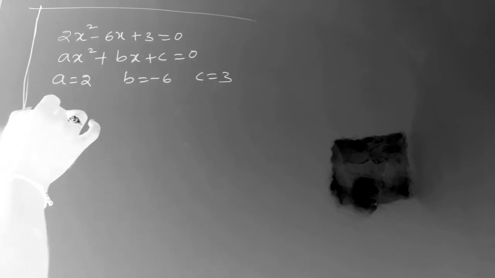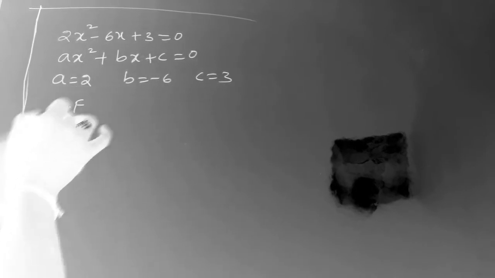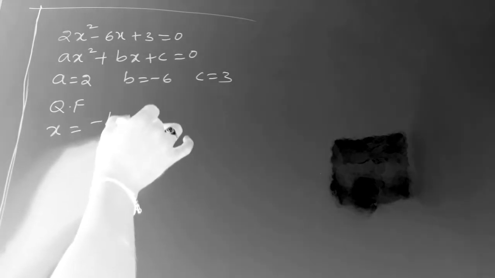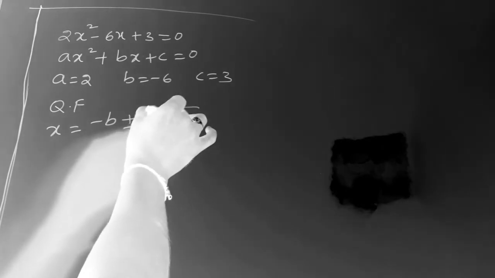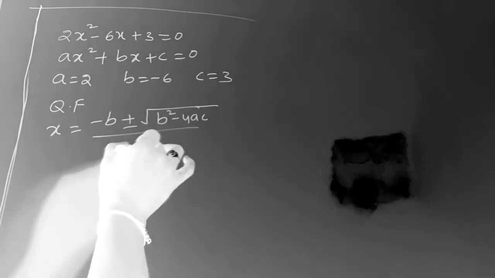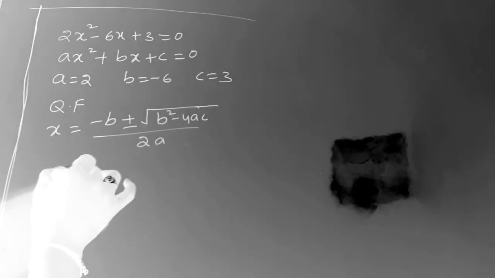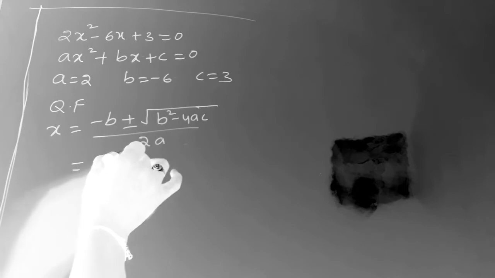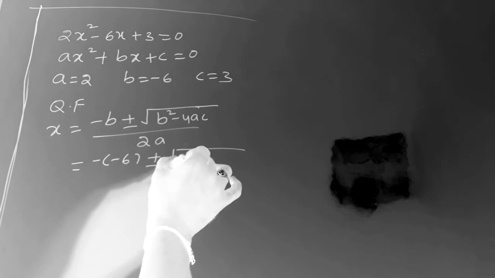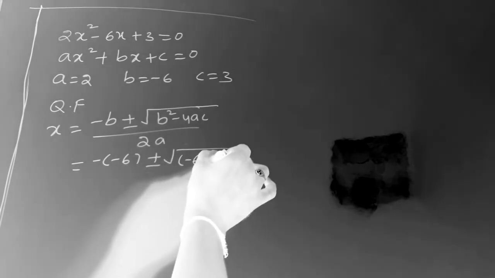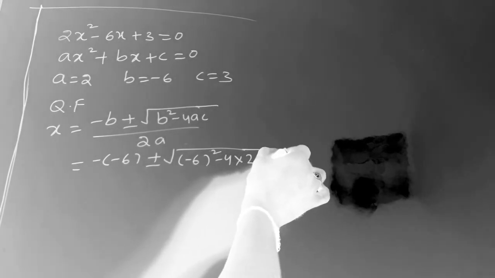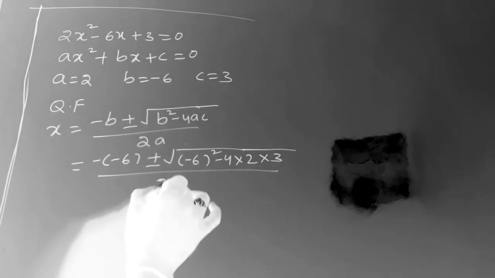So use the quadratic formula here. So that is x is equal to minus b plus or minus under root b square minus 4ac by 2a. Here minus b, minus of minus 6, plus or minus, minus 6 square minus 4 into a is nothing but 2, c is nothing but 3, by 2a.